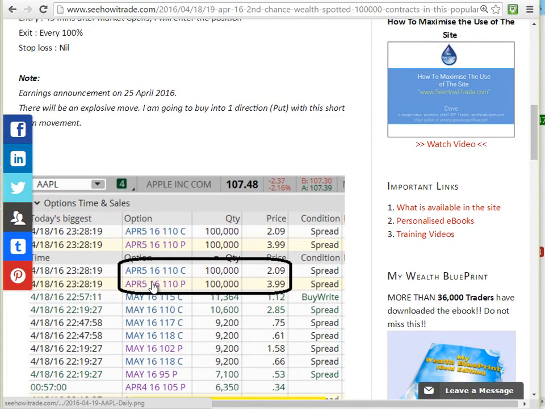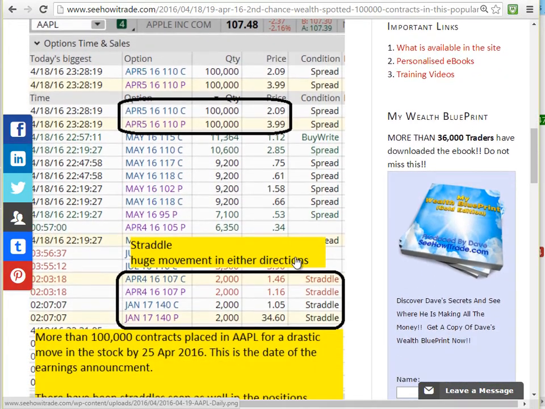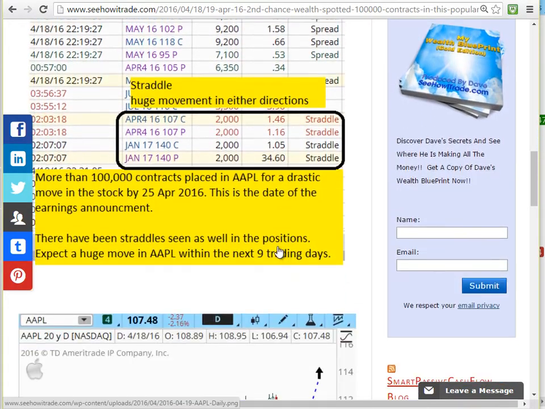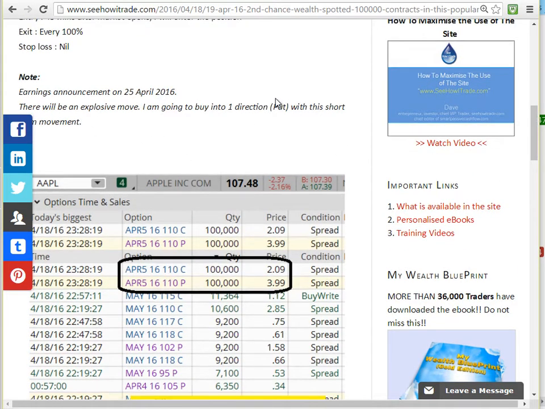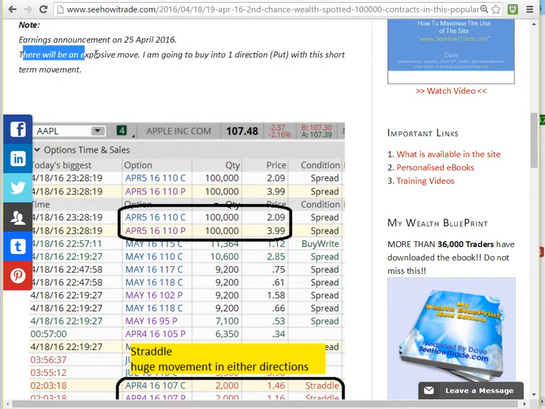As you can see, there's an explosive move by the big boys, with 100,000 contracts being placed. And as you can read over here, there will be an explosive move. I'm going in one direction, which is put, with this short-term movement.